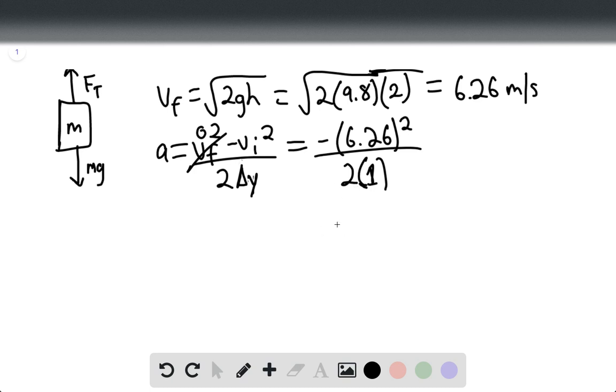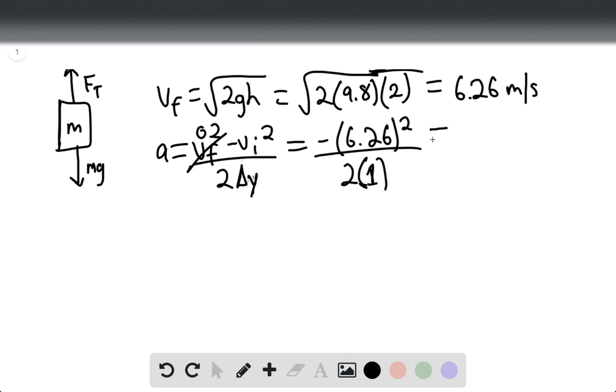They can be bending their knees or rolling or anything in order to increase that delta y, because increasing the delta y will allow you to have a lower acceleration, or a lower deceleration in this case, and that will in turn reduce the amount of force that is felt by the climber themselves.